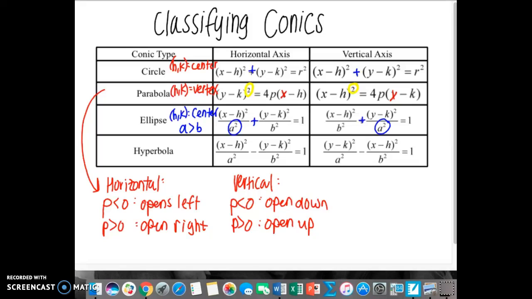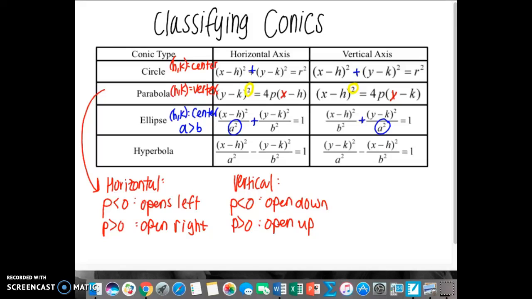If the a is underneath the x term, then it's horizontal because the x-axis is horizontal. If the bigger denominator is underneath the y term, then think y-axis is vertical, so we're going to have a vertical ellipse.